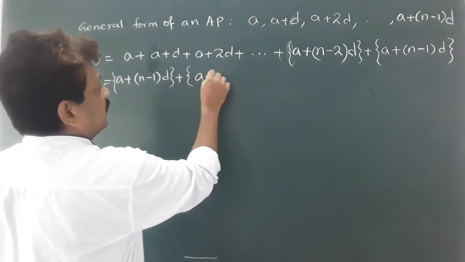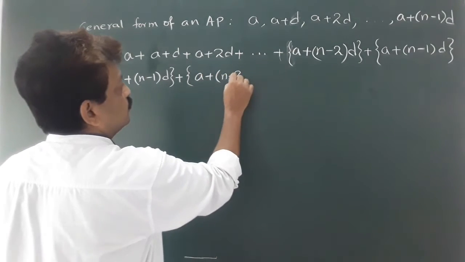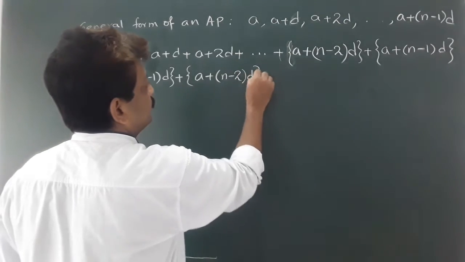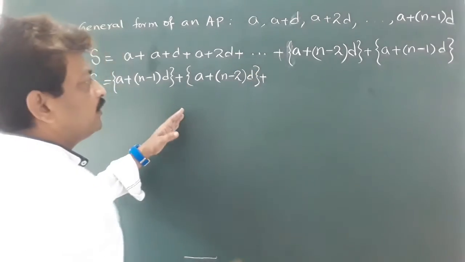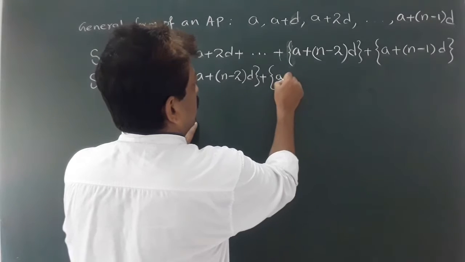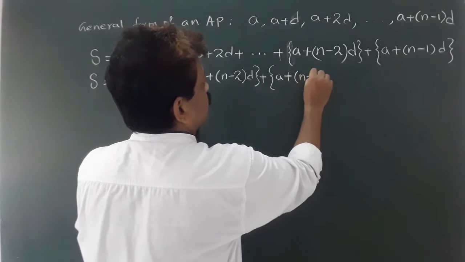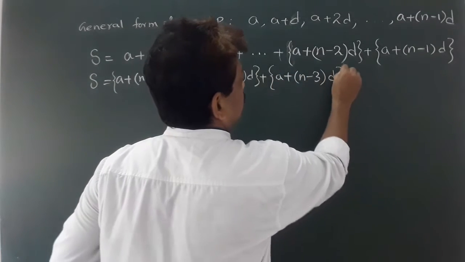So it will be a plus n minus 2 d, then it will be a plus n minus 3 d, and so on.